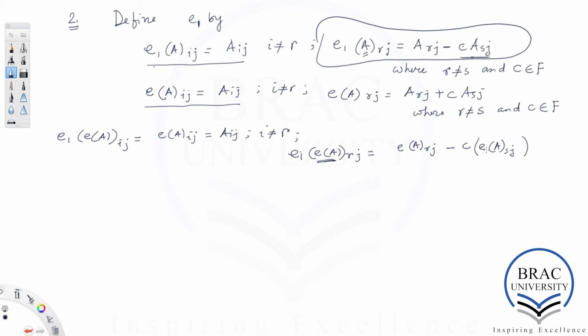from the definition of E1, okay, for the second type. And E of Arj, from the definition of the second type of elementary row operation, we know that this is equal to Arj plus c Asj.